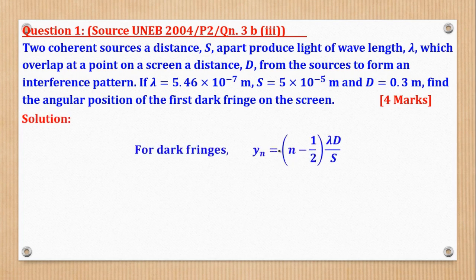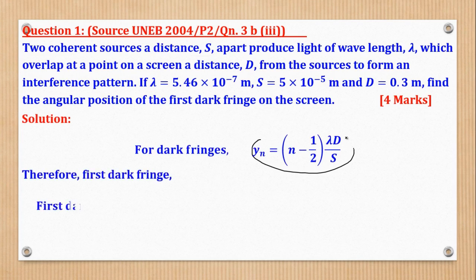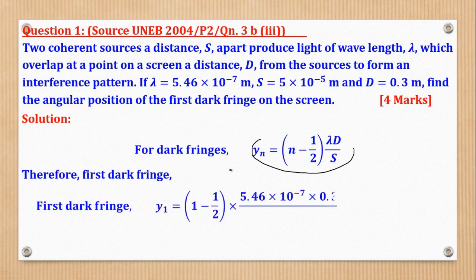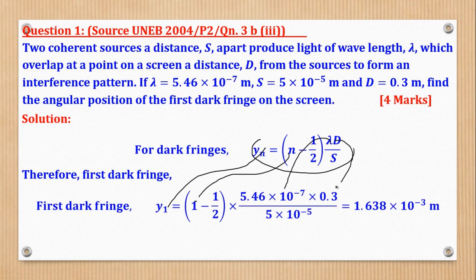So for dark fringes to be formed, this is the condition. Therefore, the first dark fringe, it means n is 1. So I'll come and put 1 to get y1. So y1, where there is n, you put 1. We know wavelength, we know capital D. What we use as small d is now capital S, which is that, to come up with this as the position or the distance of the first dark fringe from the center.